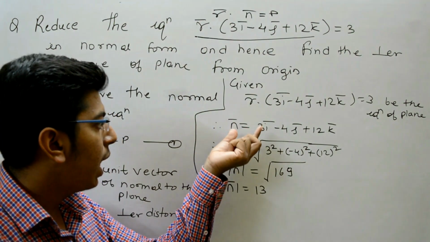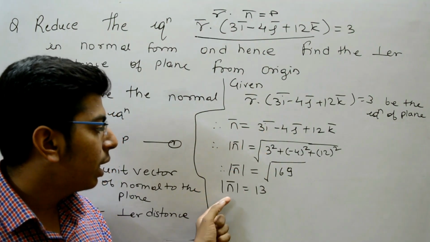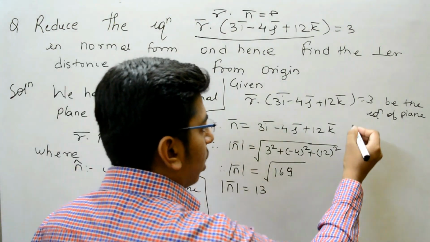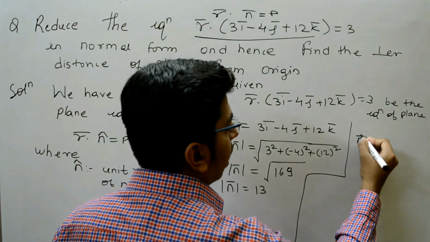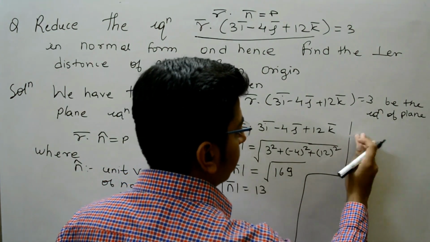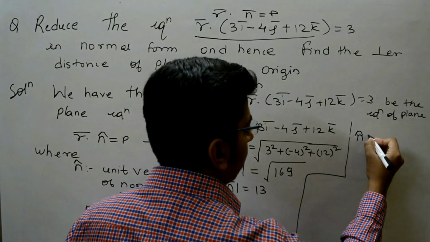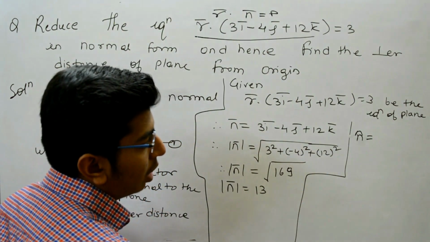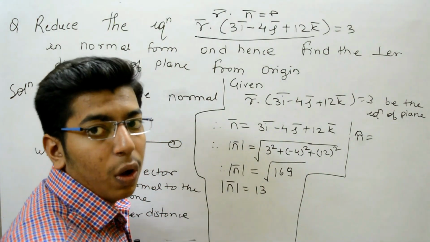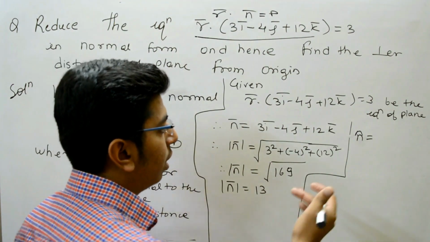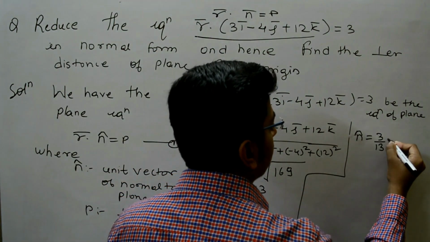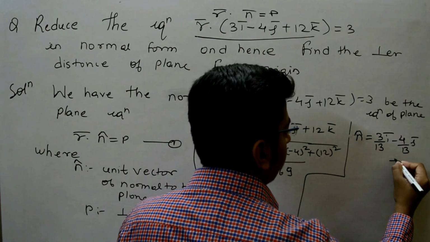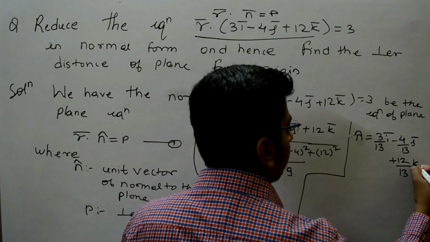You have n bar, you have magnitude of n bar, and try to find out unit vector n cap. N cap over here will be, I am directly writing, but you write all of the steps, 3 by 13 i bar minus 4 by 13 j bar plus 12 by 13 k bar.